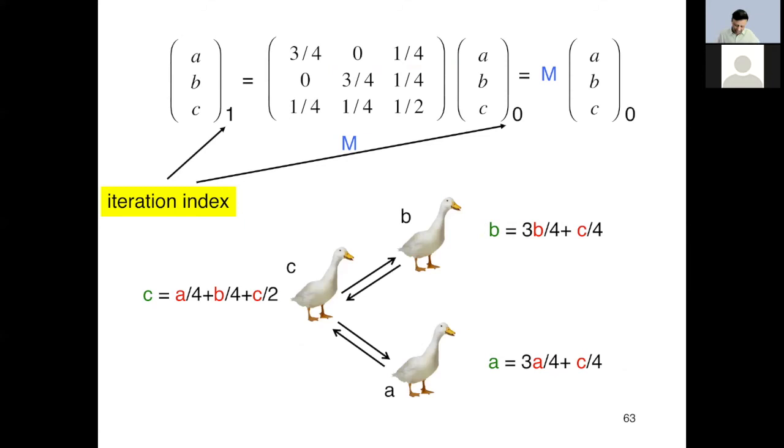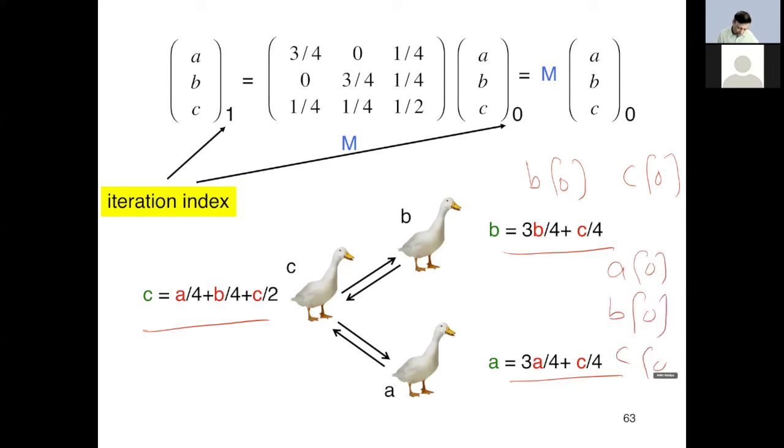So I have written these three equations now in the matrix form. Remember, I call the initial value of B as B0, the initial value of C as C0. If you write these values as a vector, this is a vector of the three initial values. And this is a vector of values of A, B, and C after one iteration.